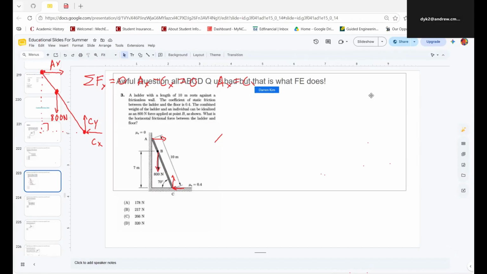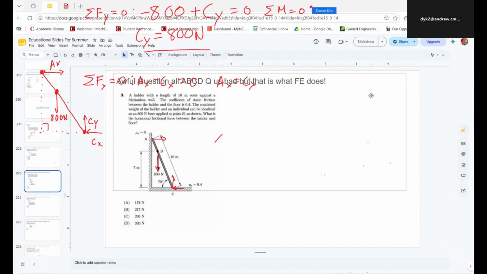This is really useless, so we go to Fy equals 0 instead and see what we can get. Let's do 800 minus, plus Cy equals 0, which means Cy equals 800 newtons.